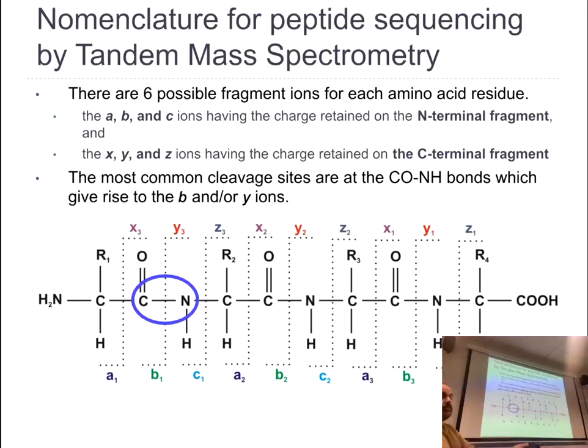Especially protonated, because we're talking about electrospray. So imagine, to see this peptide as a precursor, it has to be protonated. Now, imagine there's only one proton, and imagine that the peptide fragments on this bond. But you've only got one proton.